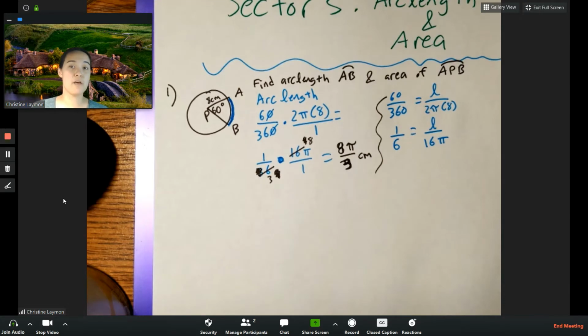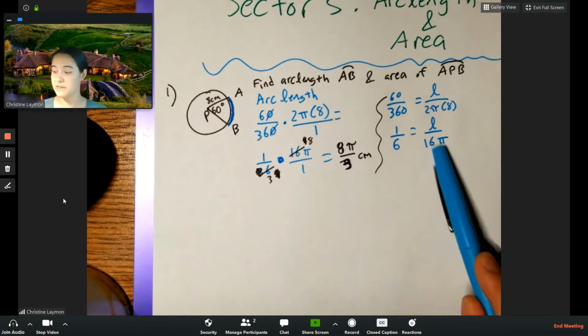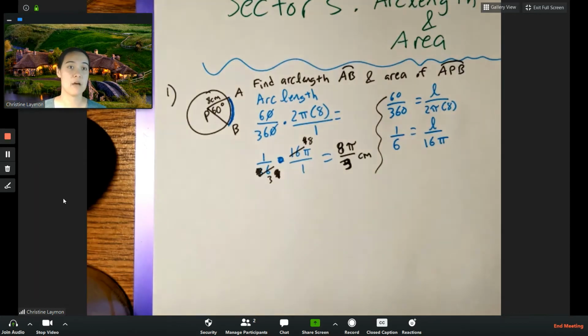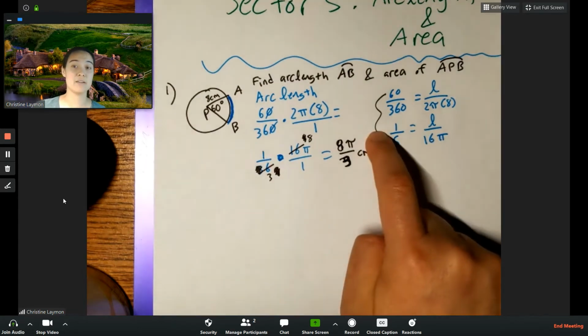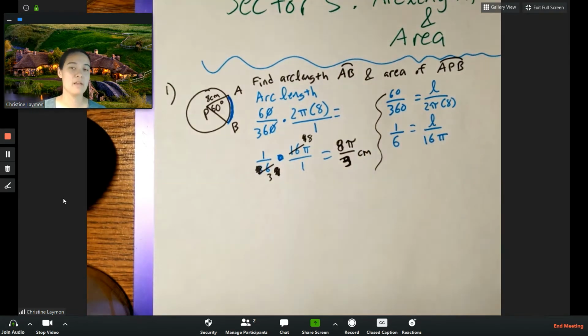To solve for L, I have to cross multiply, or at the very least, multiply this to the other side. Now, if you're comfortable recognizing that all you have to do is multiply this to the left-hand side, you are welcome to do so. If you don't quite understand that, you can also use cross multiplication. You'll get the same answer in the end.